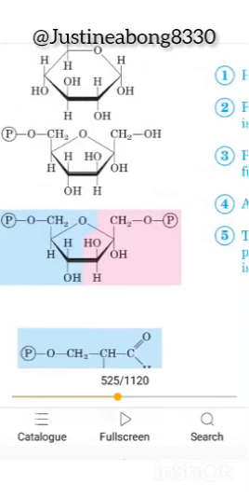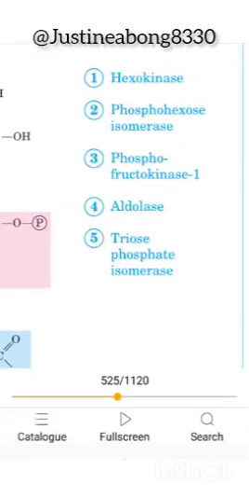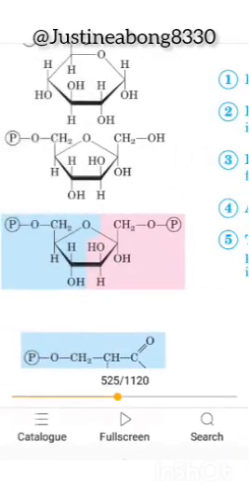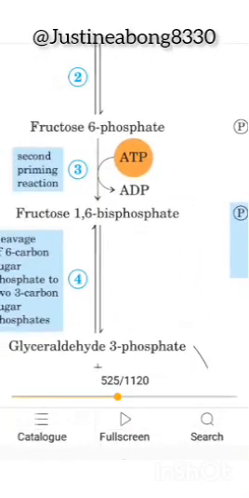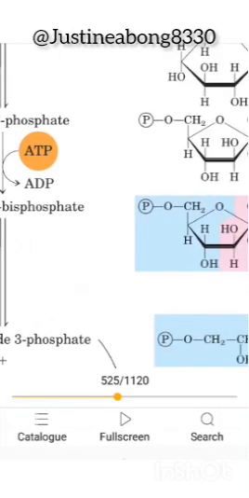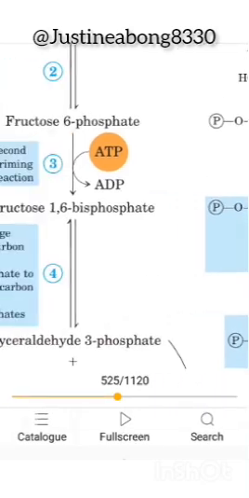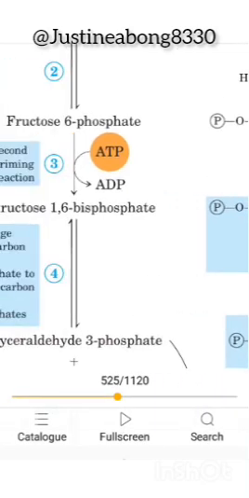And if that binds to the allosteric site of phosphofructokinase 1, phosphofructokinase 1 will be stimulated, and more fructose 6-phosphate will be converted to fructose 1,6-bisphosphate. After the conversion, the fructose 2,6-bisphosphatase part will convert the fructose 2,6-bisphosphate back to fructose 6-phosphate.